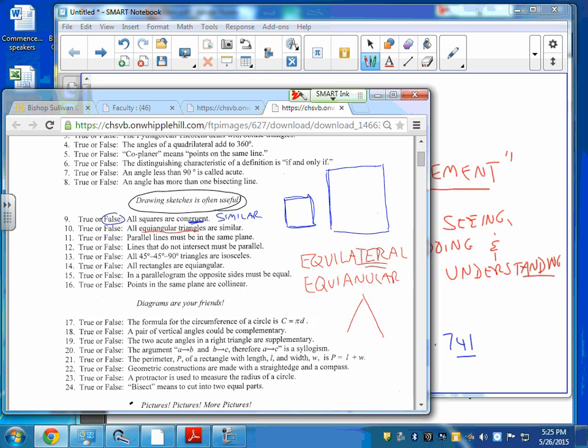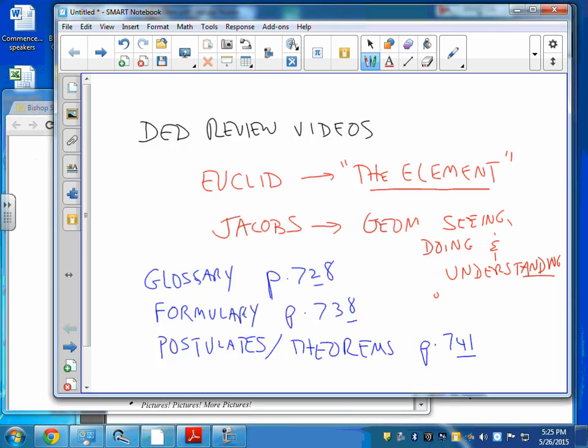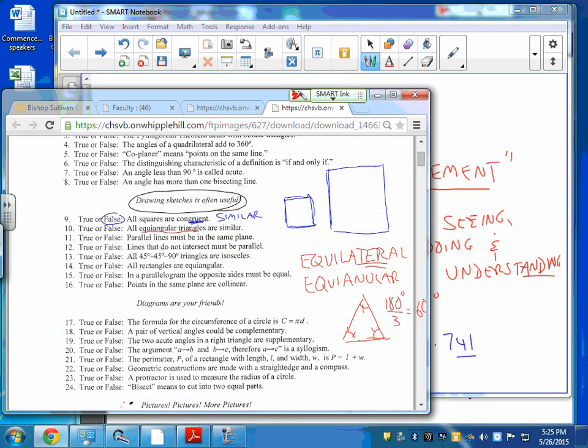We know the angles of a triangle add up to 180, and if they're all the same, they would all have to be 180 degrees divided by 3, which is 60 degrees. So each one is a 60-degree angle. So now we have a 60-60-60 degree triangle, and you should know from the isosceles triangle theorem that is an equilateral triangle.